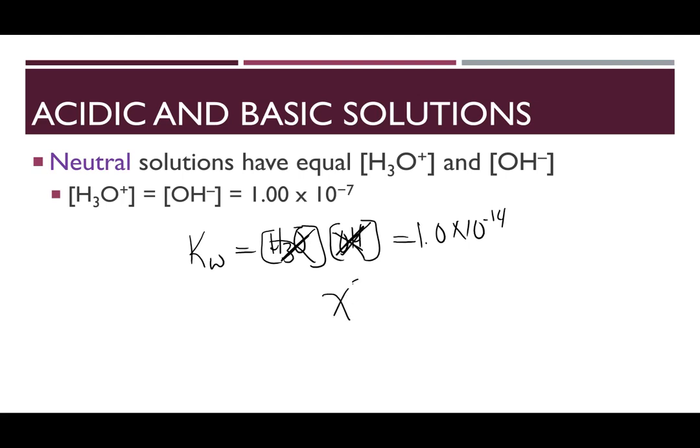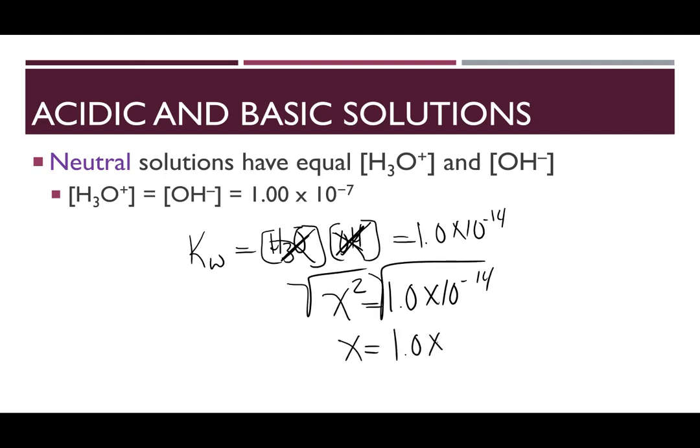So this would be x squared equals 1.0 times 10 to the negative 14th. Take the square root, and x equals 1.0 times 10 to the negative 7th.